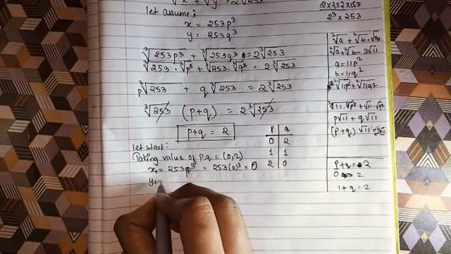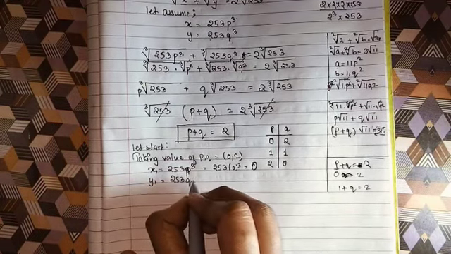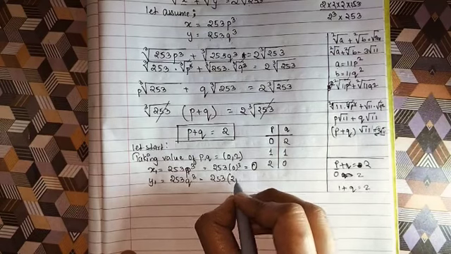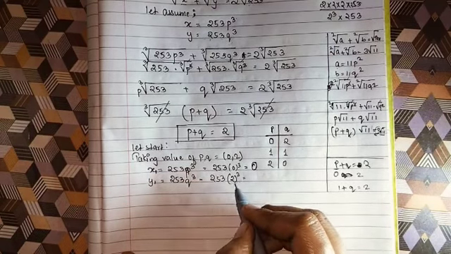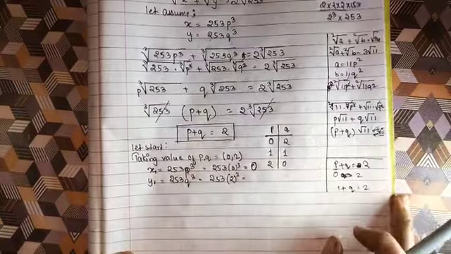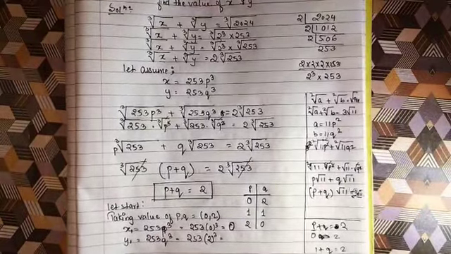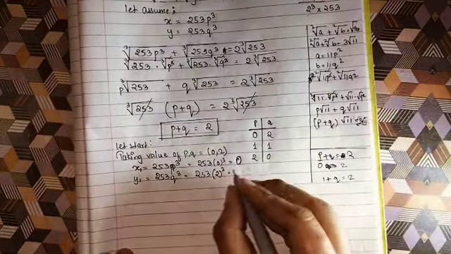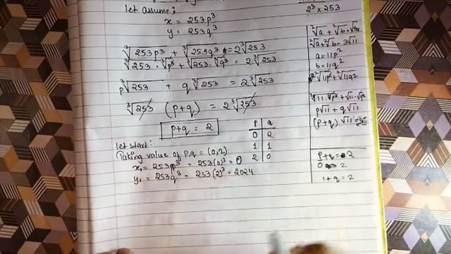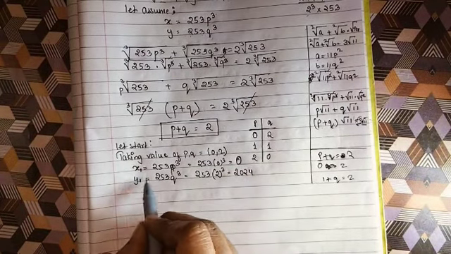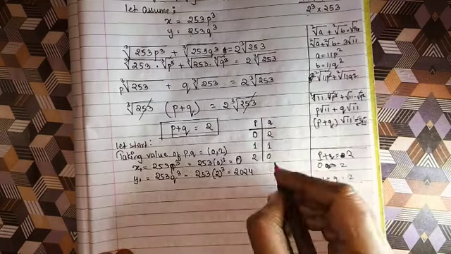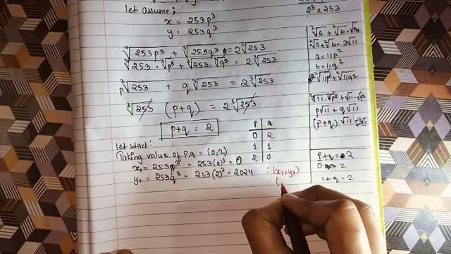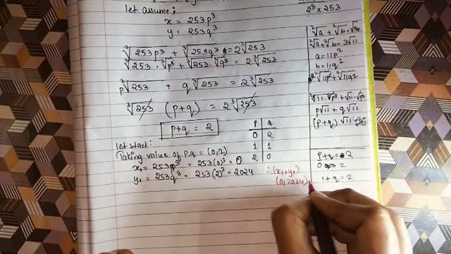Now y1 is equal to 253 q cube, and the value of q is 2, so 2 cube times 253, which we know is 2024. So directly we can write it as 2024. So we have one value of x and y. Therefore x1, y1 is equal to 0, 2024. This is one value.